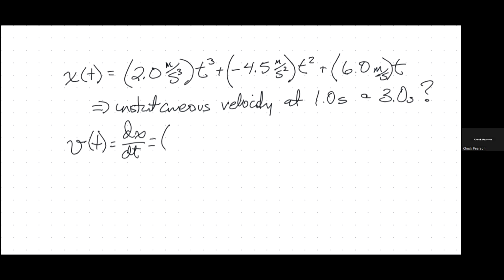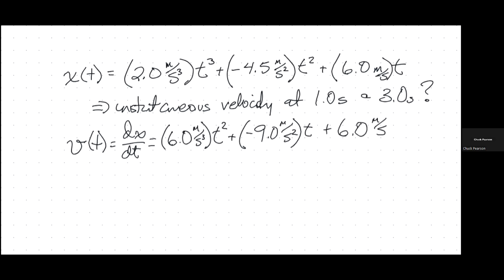That's going to give me 6.0 meters per second cubed times t squared. Plus, I'm going to square the 4.5 here. That's a negative 9.0 meters per second squared times t, plus 6.0 meters per second. Okay?